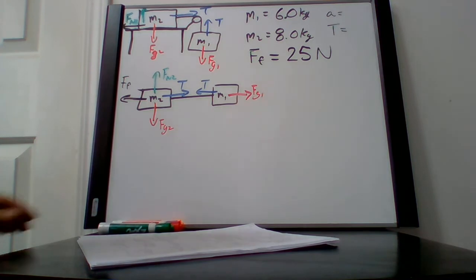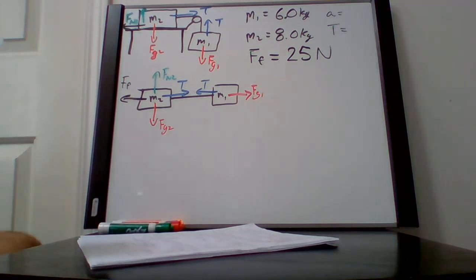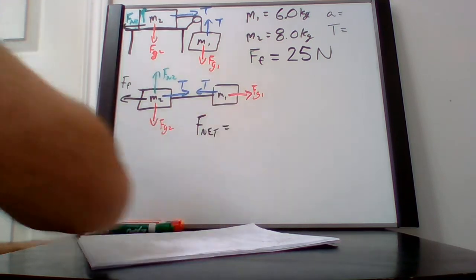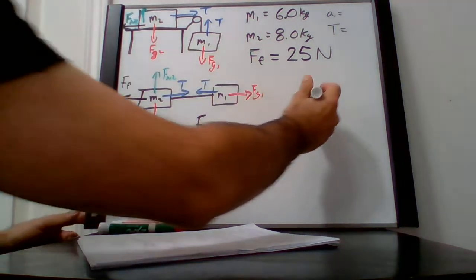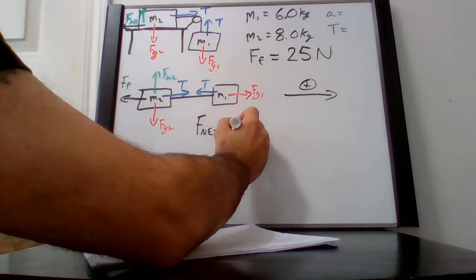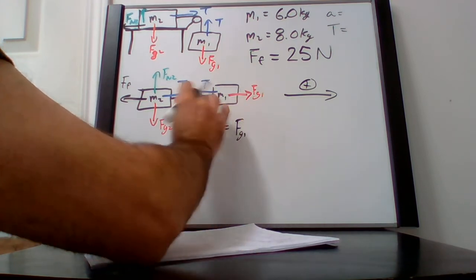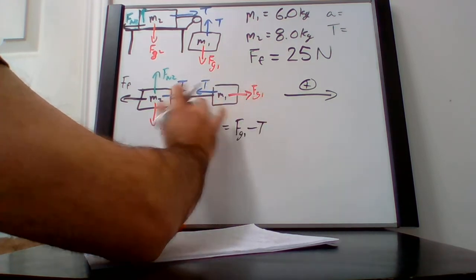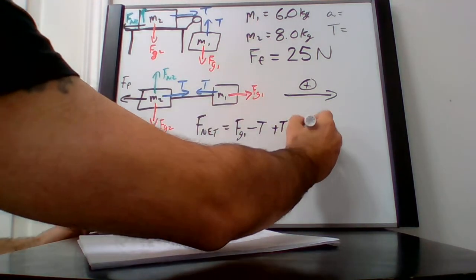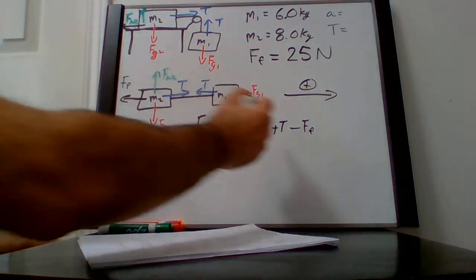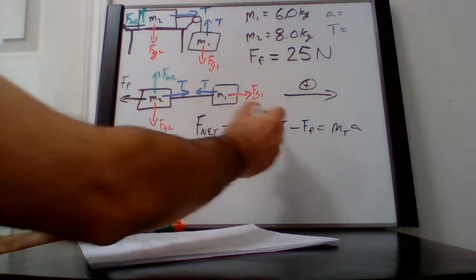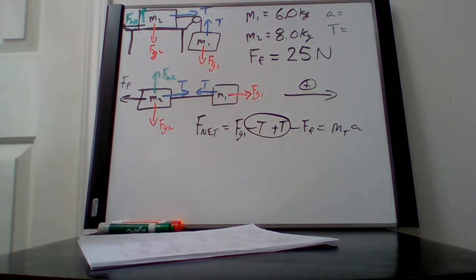Well, once again, we're going to go back to our F net for the system. Again, we're going to go with this direction as positive. So we're going to say we have Fg1 minus tension plus tension minus our force of friction. And again, this is equal to the m total times acceleration, and tensions cancel each other out.